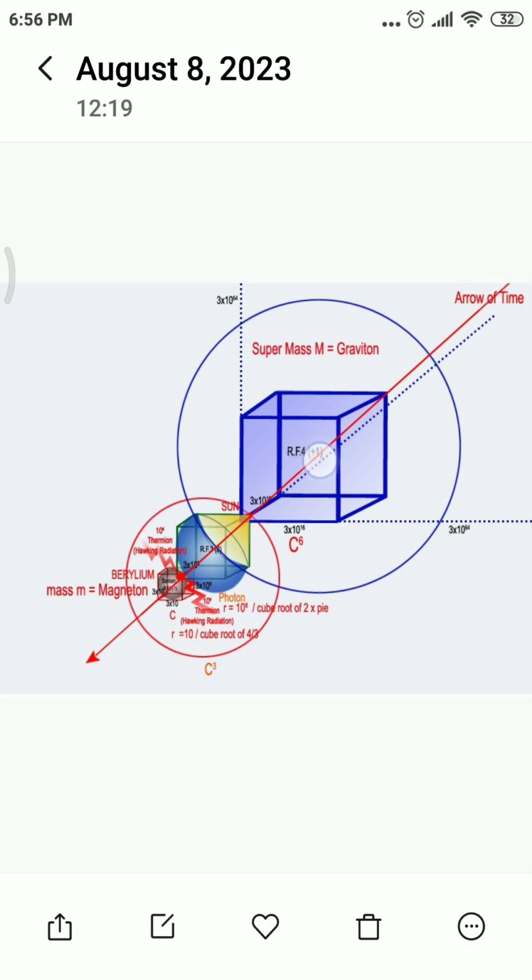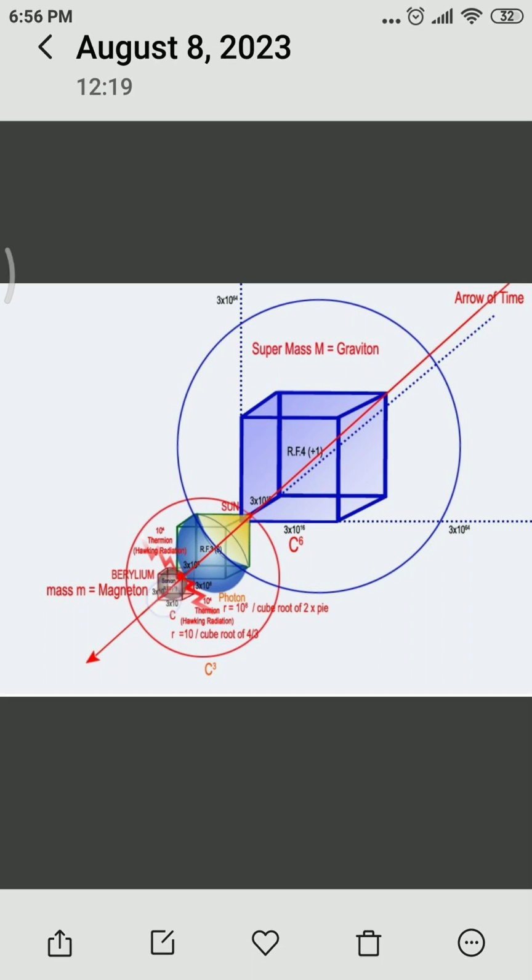This is 16 cube, pure energy. This is our middle world, where 2/3 of the energy is in kinetic form and 1/3 is potential energy, and this is the perfect potential energy, or mass.